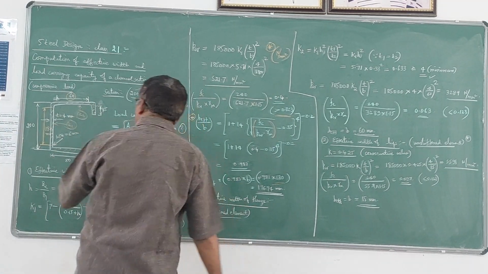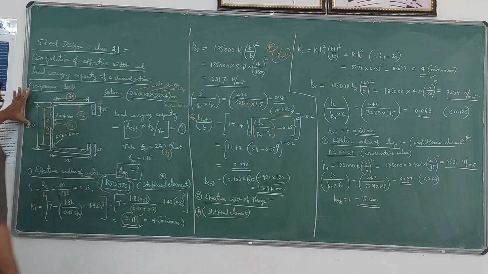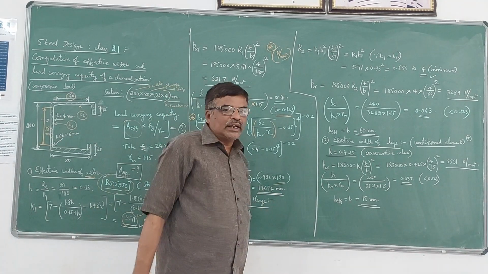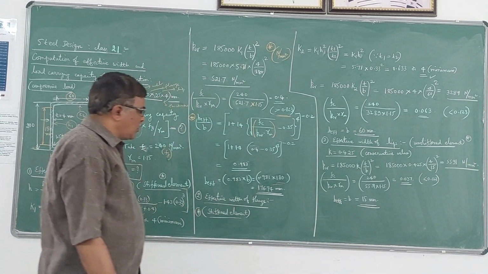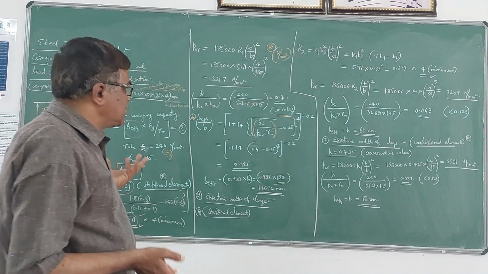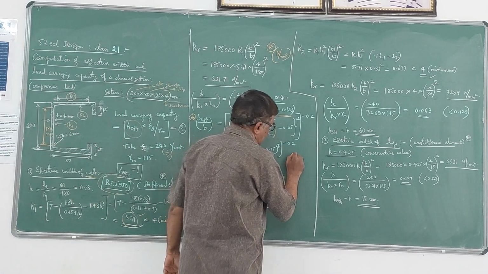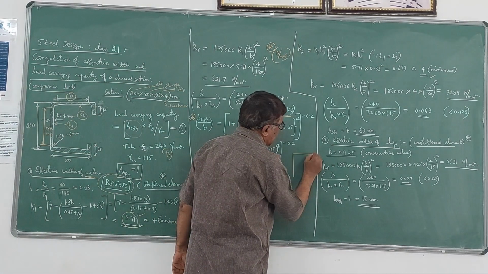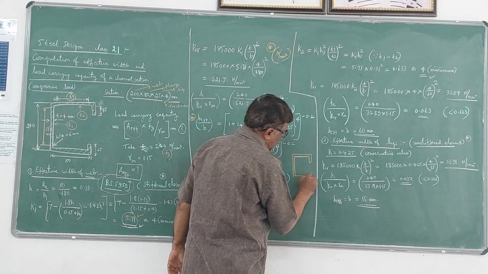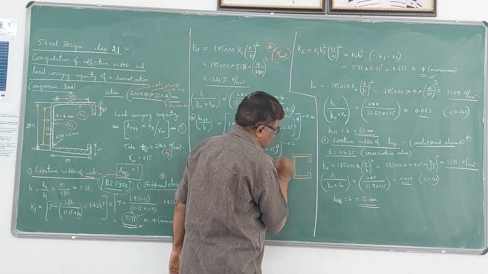So out of this 200 mm, the effective width is only 176.94 mm. I have explained earlier that in the case of compression elements, the full length will not be considered by the load. That means the complete length will not be effective to carry the load.